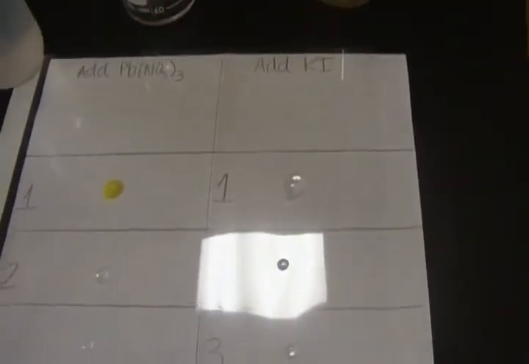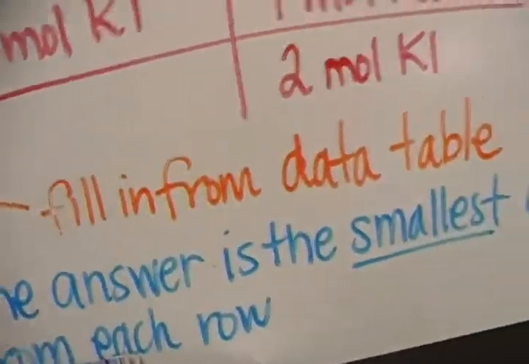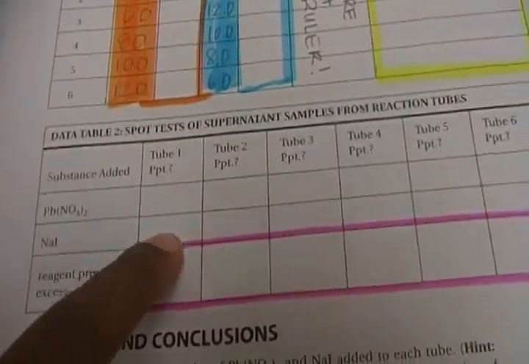Then you'll add lead nitrate to one entire row and potassium iodide to the other entire row, and make a note on your data table which one caused the precipitate. The precipitate tells you which substance is in excess. So on your data table, you would fill in yes or no, and that will tell you your reagent in excess.